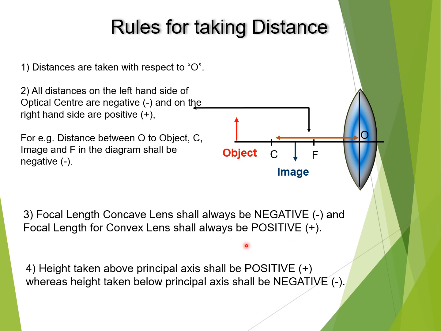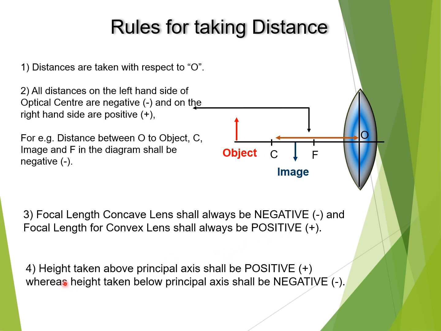This is a similar case, if you recall, that focal length for concave mirror was negative and focal length for convex mirror was positive. So we can say that focal length for both concave lens and concave mirror is taken negative, and focal length for convex lens and convex mirror is always positive. Simple.